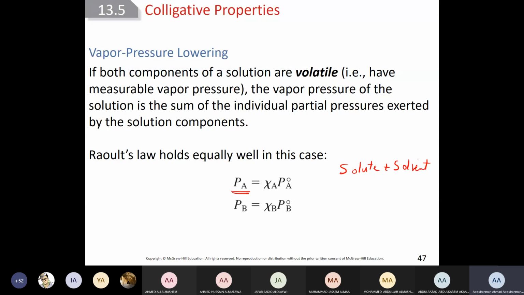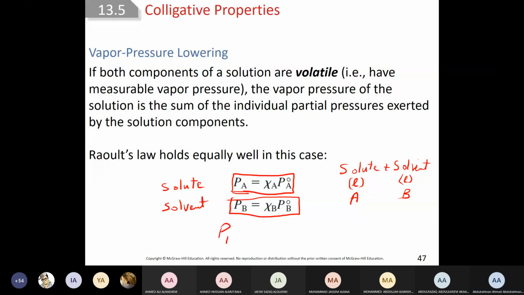This is liquid A and this is liquid B. Then we will have Raoult's law for the solute and for the solvent, because they are both liquids. And then if we want the total pressure, what will be the P total?